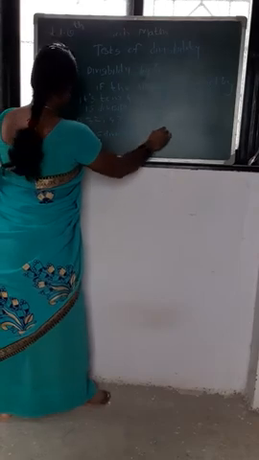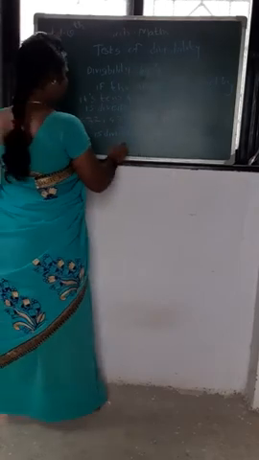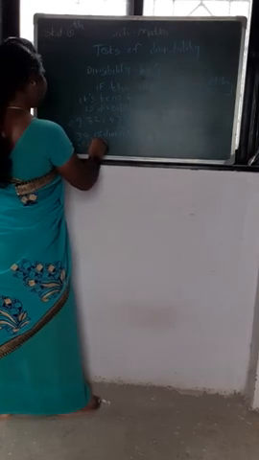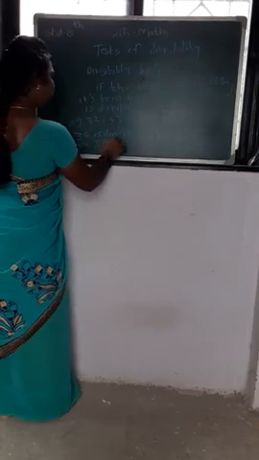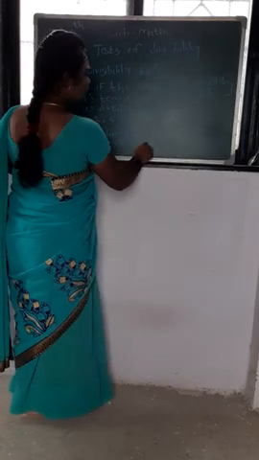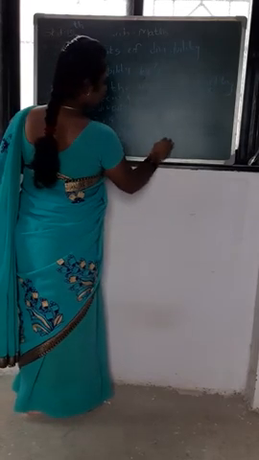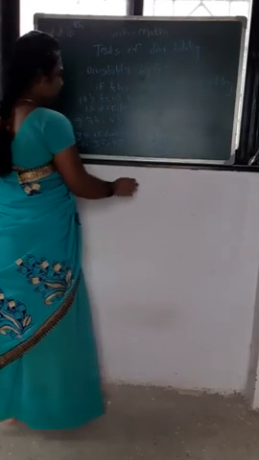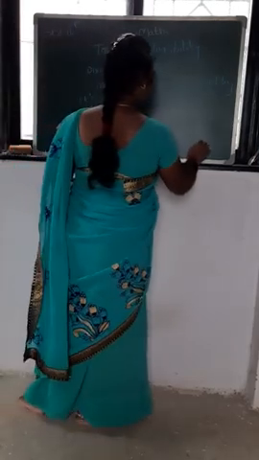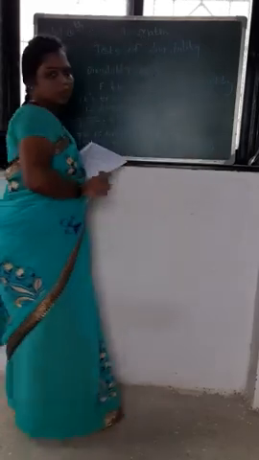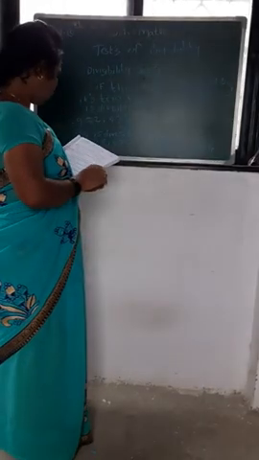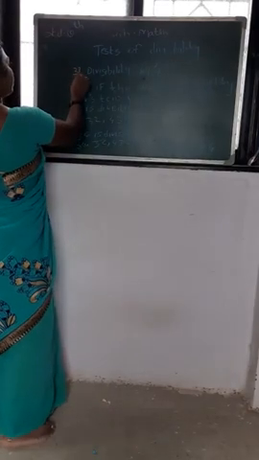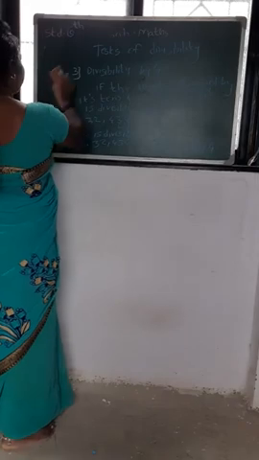So 32436 is divisible by 4. This is our third property.